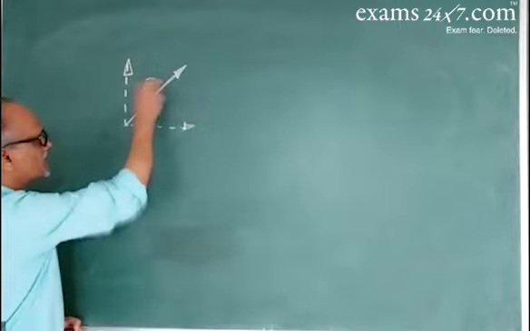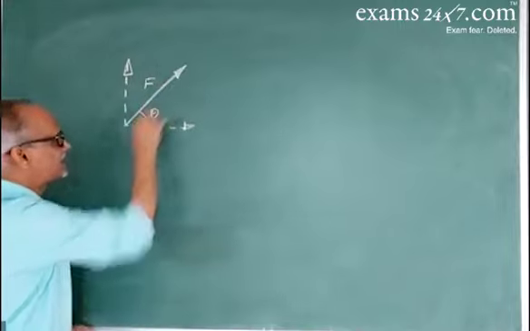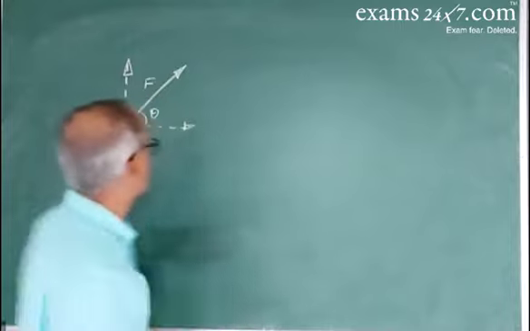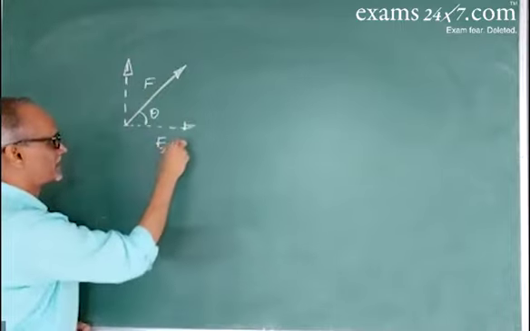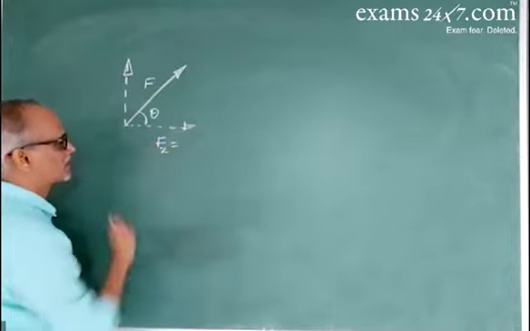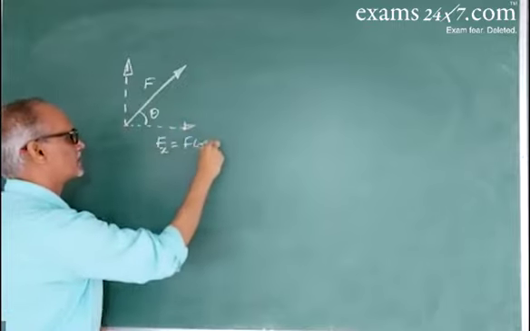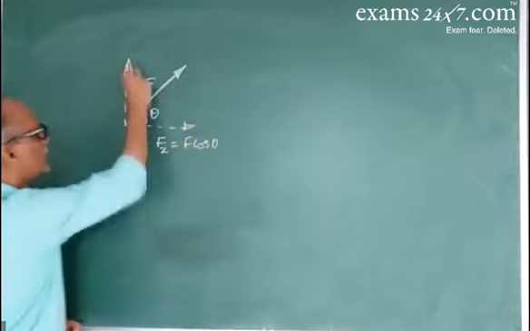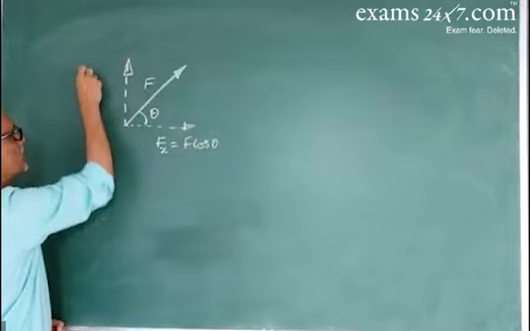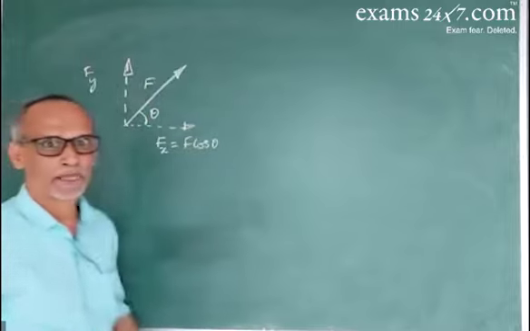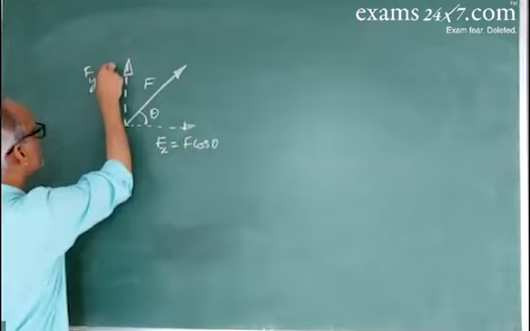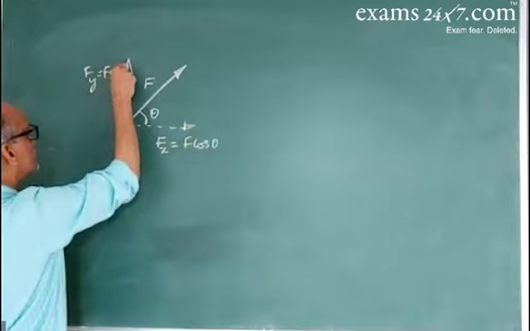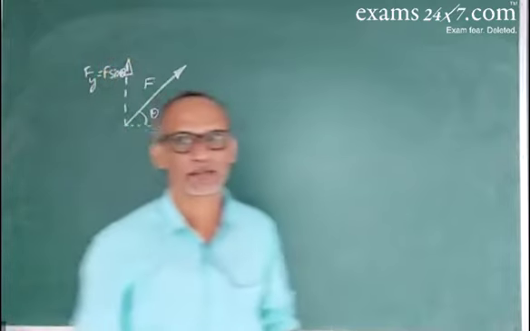So if this is f, and if I take that angle theta with the horizontal, then the horizontal component, which is fx, f along the x-axis, becomes f cos theta. The other component, which is along the y-axis, becomes fy, and that will be equal to f sin theta.